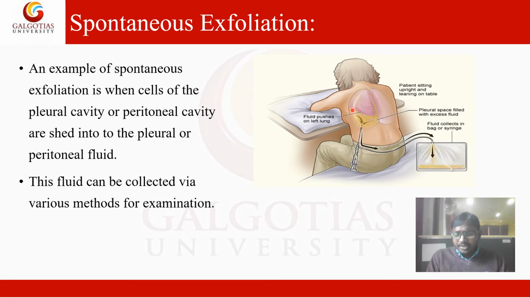The pleura is made up of two layers, internal and external, and on the surface of both layers there are numerous epithelial cells. Those epithelial cells we need to collect through thoracentesis. After collecting this fluid, we can go for the diagnosis from this fluid.